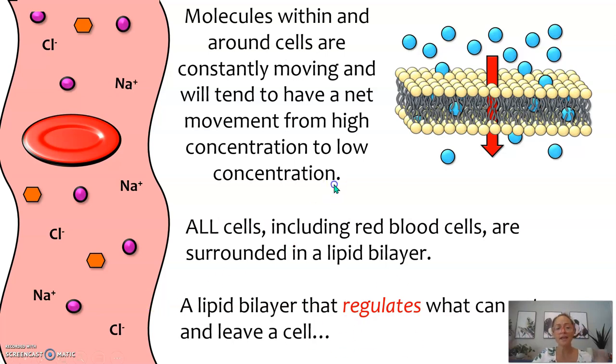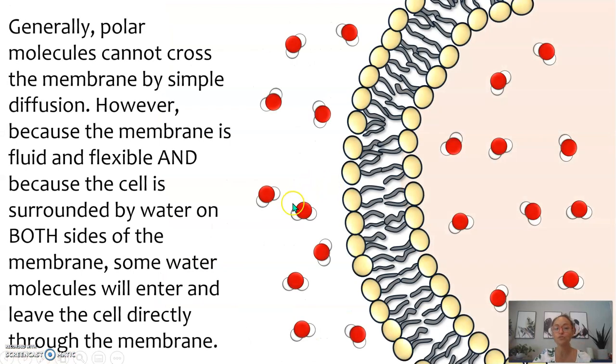So let's go ahead and talk about this. Generally, polar molecules cannot cross through the lipid bilayer because of those fatty acid tails. However, cells are surrounded in water, and their cytoplasm is also mainly water.